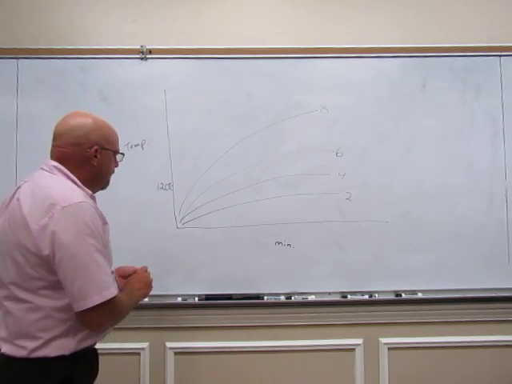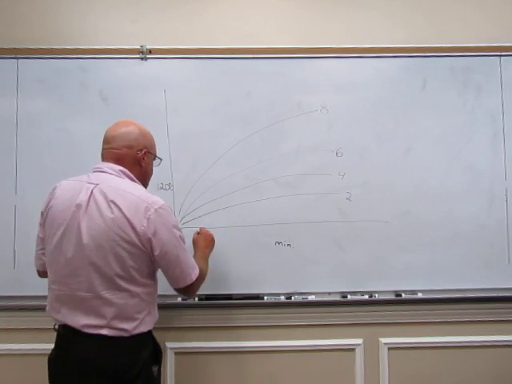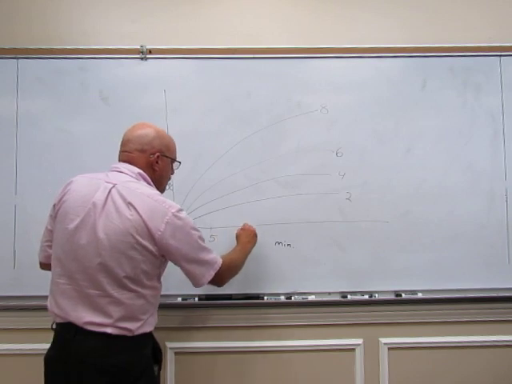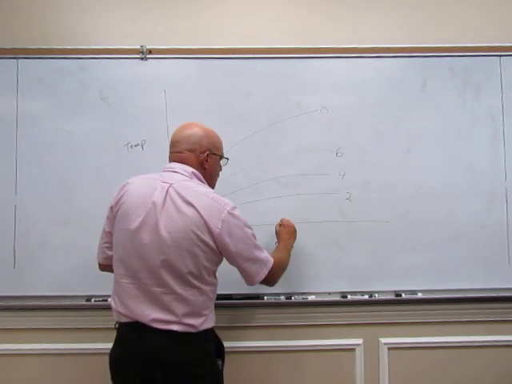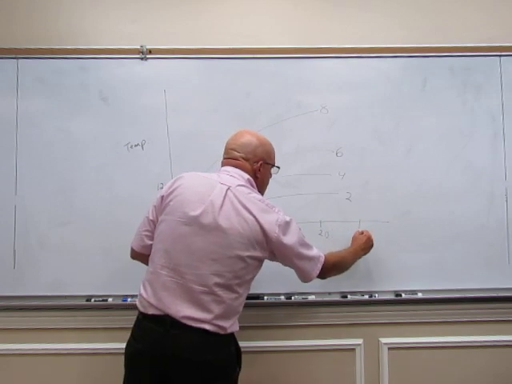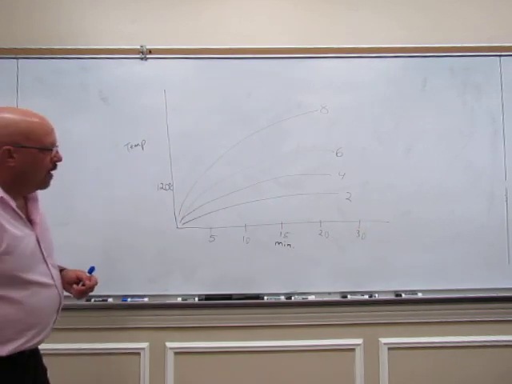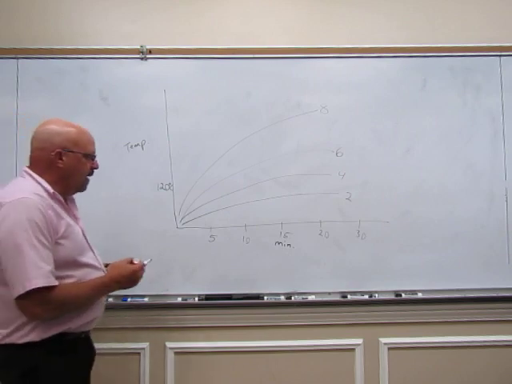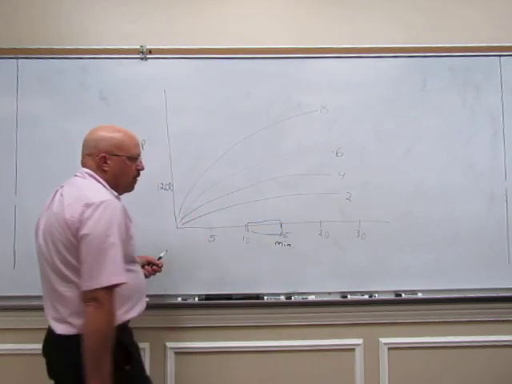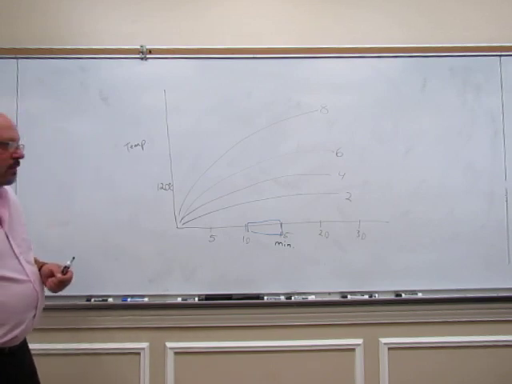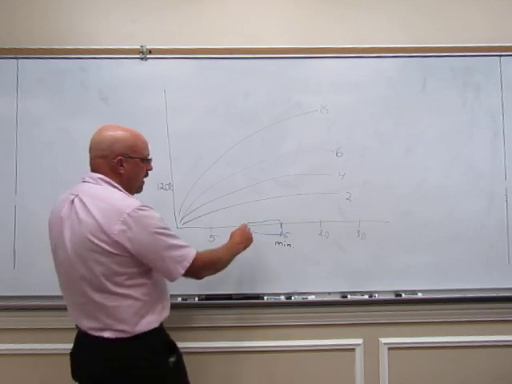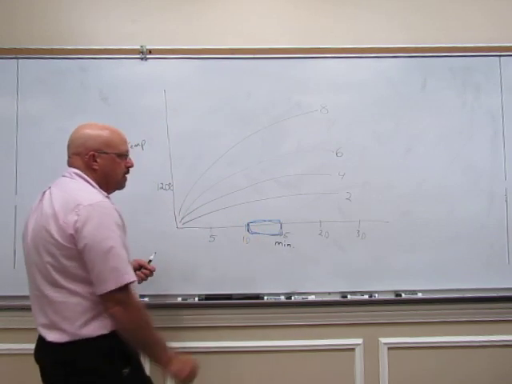So what you're looking for, a good rate, you want something in between about 10 to 15 minutes. That's what you're looking for. Might could go up to 20, but you're really looking for about 10 to 15.